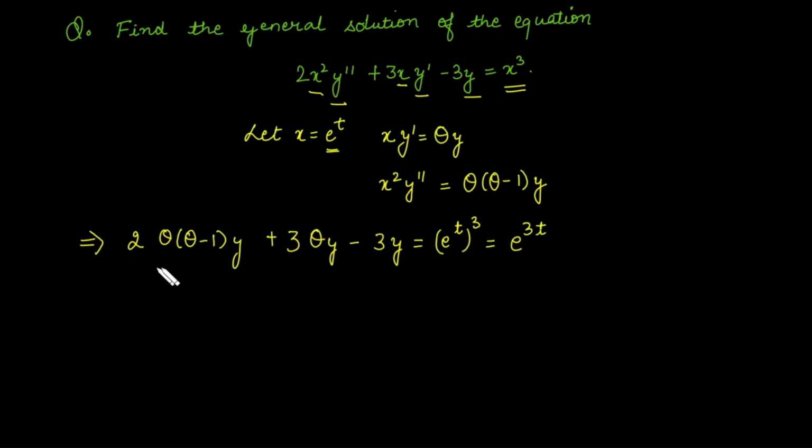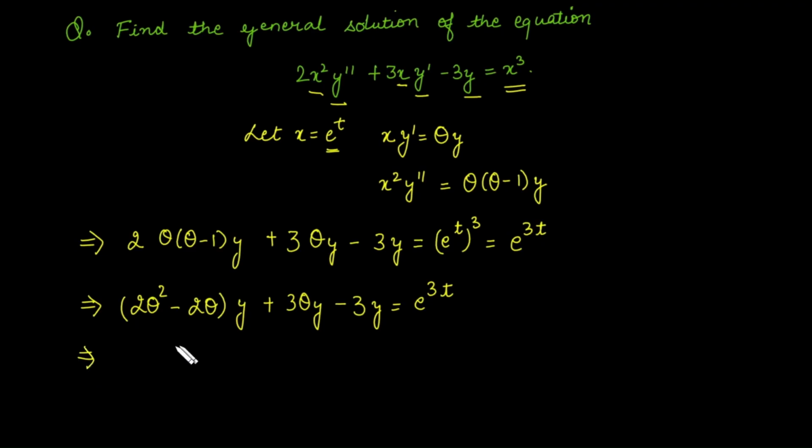Now simplify the left hand side. From here we have 2 theta squared minus 2 theta into y plus 3 theta y minus 3y is equal to e raised to power 3t.